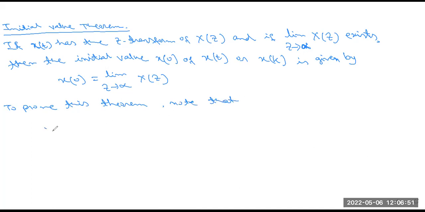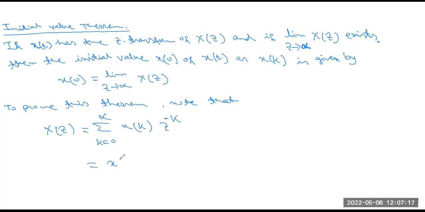note that X(z) is equal to the summation from k equals 0 to infinity of x(k) z to the power minus k. So you have to put in different values: k equals 0, k equals 1, k equals 2, and so on.